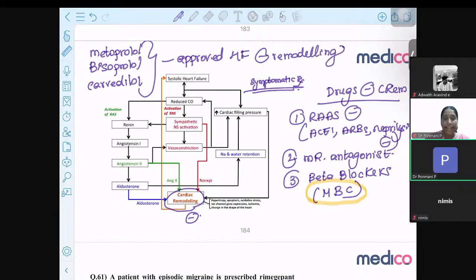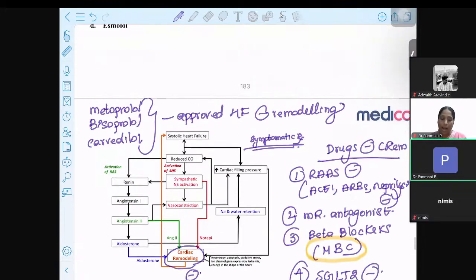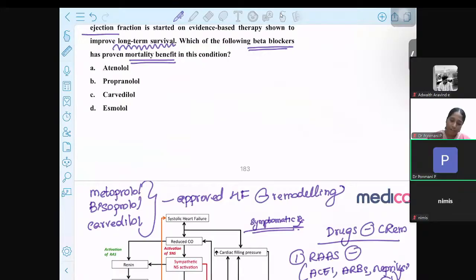Anything else we missed? There is a fourth category, which is also a drug used for diabetes mellitus, which is SGLT2 inhibitor. Okay. So among the options, do we have any of these three drugs, metoprolol, bisoprolol, and carvedilol? Yes, we have option C, carvedilol. So the right answer is option C.